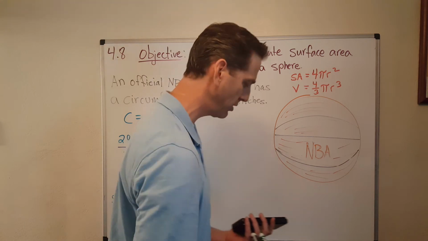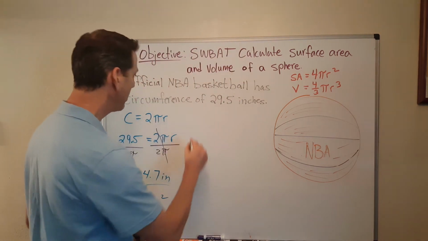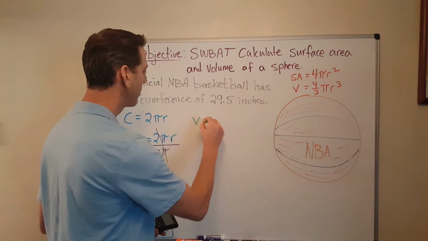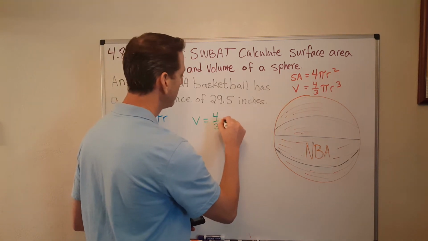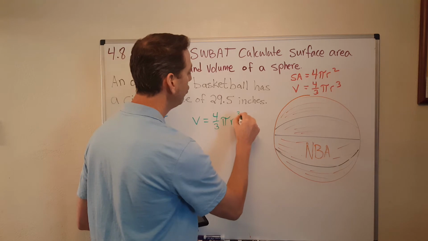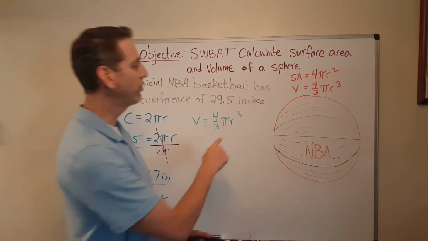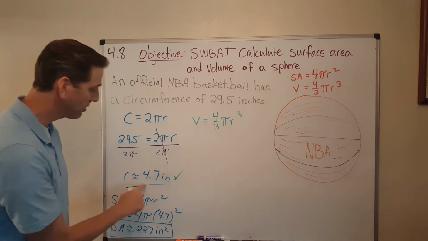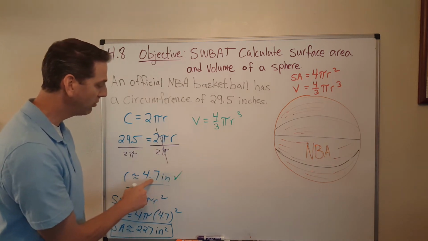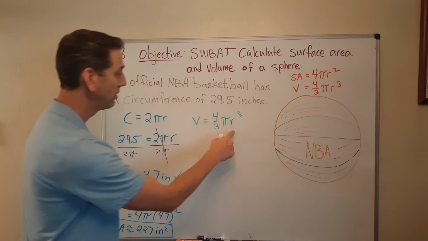That's a volume question. All right, so volume is 4/3 pi r cubed. Now the cool thing is we know what r is now, right? We did that work already, right there. So we can just substitute this r into this formula.